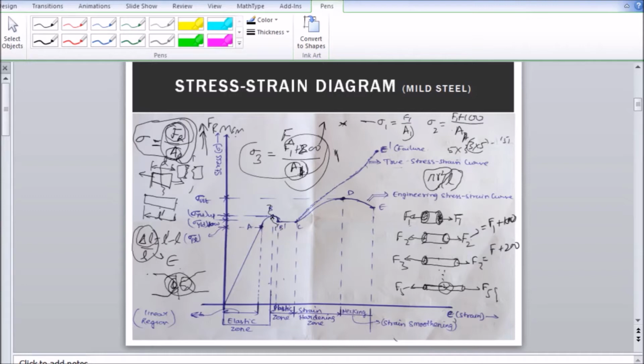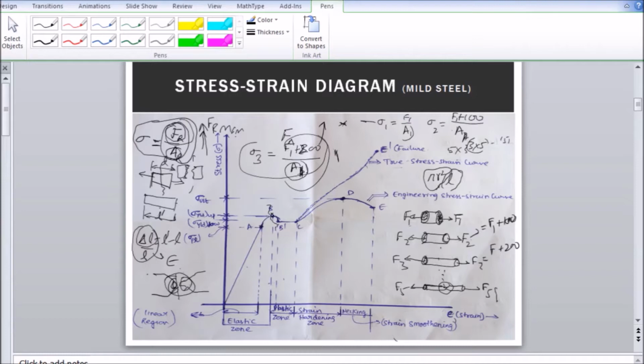It is that point below which, if you load the material, we apply the stress, and again we unload it, that is remove the load, the object will deform and again come back to its original zero state, original dimension, whether it is distortion or deformation, whatever it is. It comes back to its original place if the loading and unloading are always below the elastic limit.